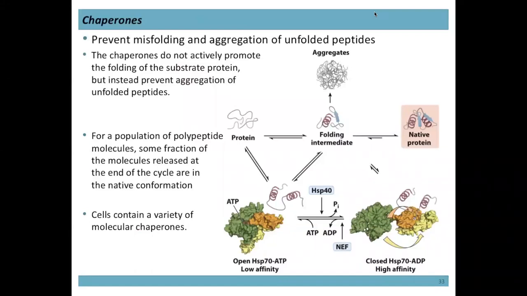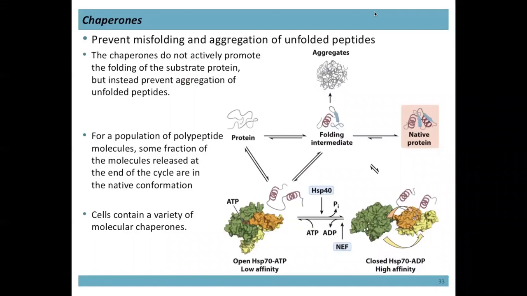If I haven't said it enough, I'll say it again: the aggregation tends to occur when you get the nonpolar groups exposed to water, and then they find other nonpolar groups on unfolded proteins, and they tend to aggregate. So one of the chaperones' big jobs is to make sure those hydrophobic groups get tucked in the interior. They don't actively promote the folding of the substrate protein, but instead prevent the aggregation of unfolded proteins.